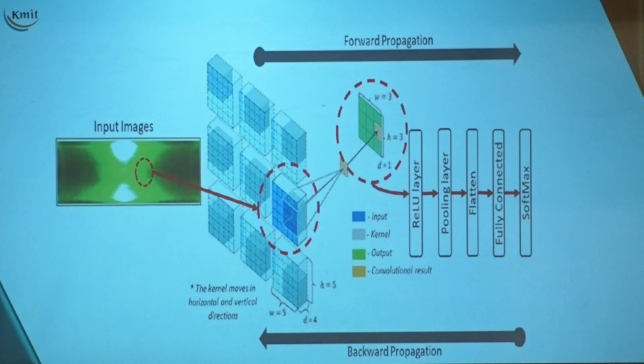This is forward propagation. If the loss is high, we go for backward propagation. In backward propagation, I will adjust the height, weight, and dimensions of the filters and rearrange them and apply convolution and pooling again and again. Is it clear, everybody? This is how we work on building a CNN.